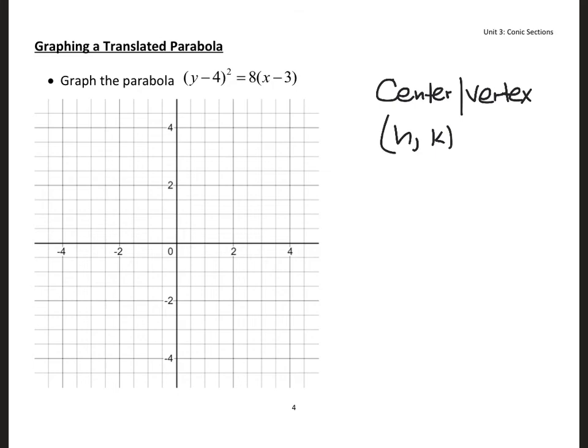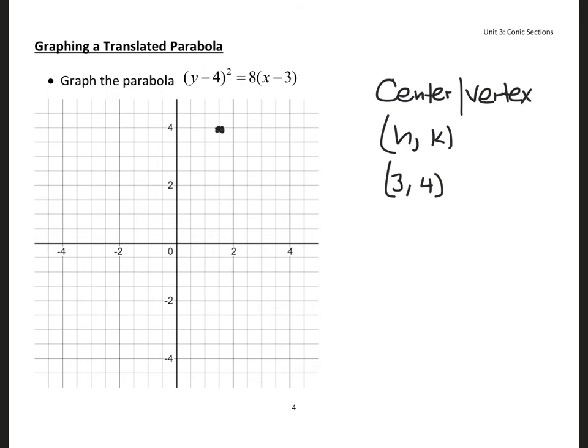And the h, k is 3, 4. So 3, 1, 2, 3. It's going to be 3, 4, right there.